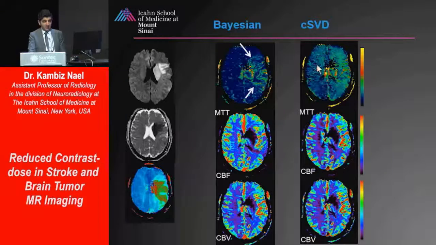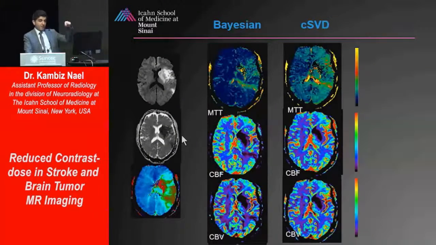The background suppression and the heterogeneity, all these regional errors that you see due to low dose contrast, is much better suppressed using Bayesian technique. Cerebral blood flow and cerebral blood volume maps are also shown here. You can see very low CBF and CBV.